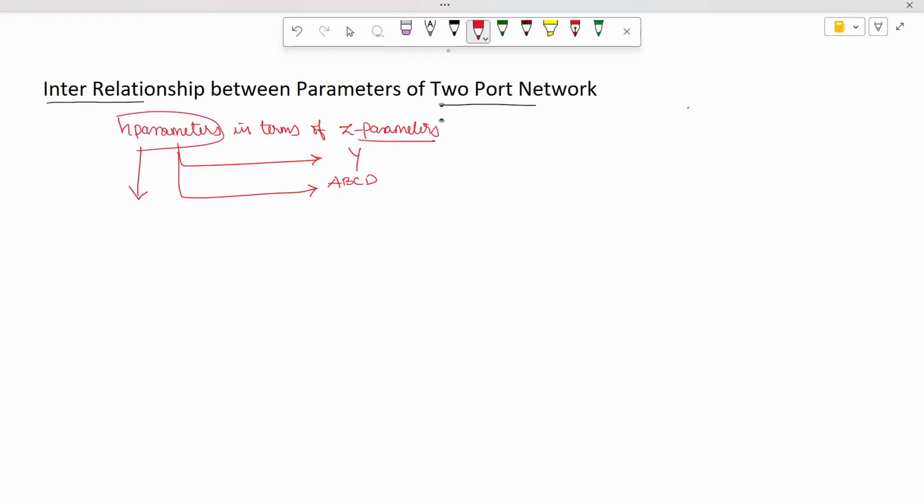So what are the H parameters we have? We have V1, I1 at the input side, V2, I2 at the output side. So now we want to write down V1, I2. The form is V1, I2, input voltage and output current, equal to the matrix H11, H12, H21, H22 times I1, V2.